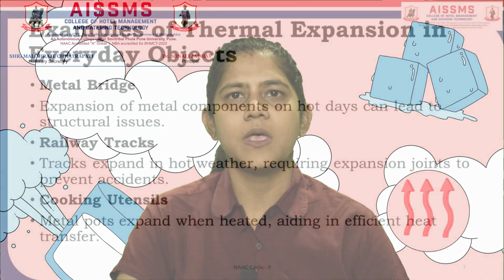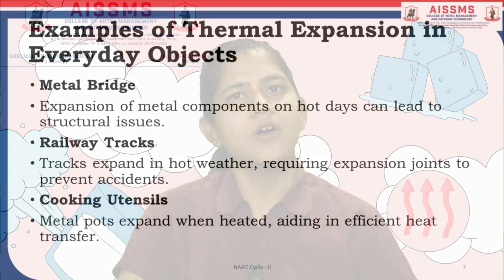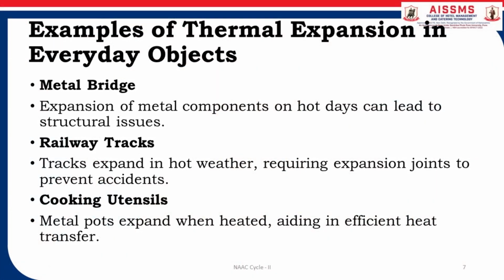Now, let's take examples of thermal expansion in everyday objects. Consider a metal bridge on a hot summer day. As the temperature rises, the metal components of the bridge expand, leading to potential structural issues if not properly accounted for in the design.